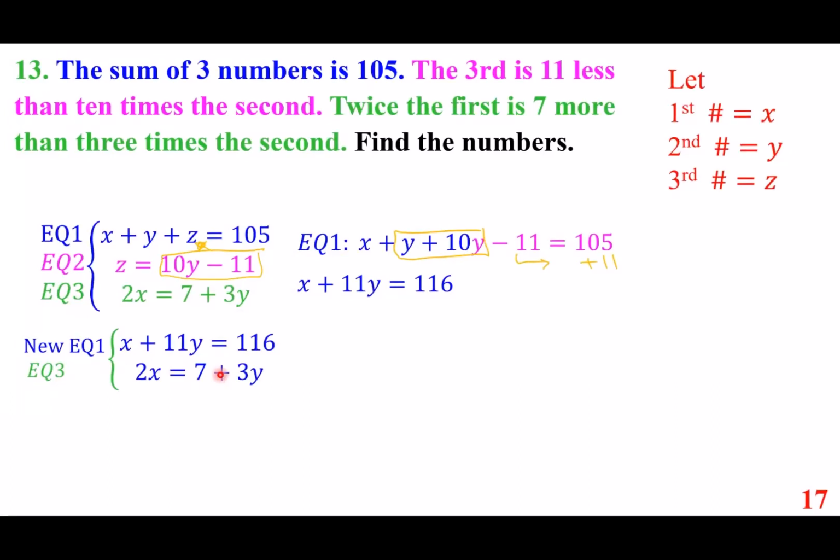All right, we can do the substitution. Instead of dividing by 2 and solving for x and making up fractions, let's multiply this one by 2. 2x plus 22y plus 22. And now this 2x, we're going to replace it with 7 plus 3y.